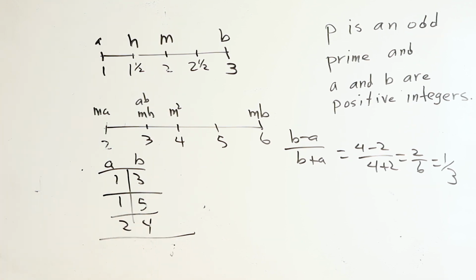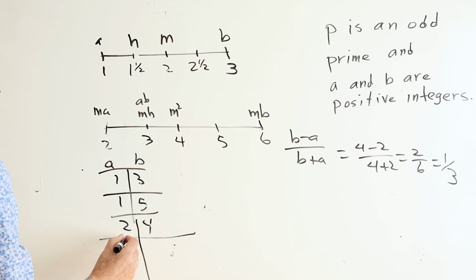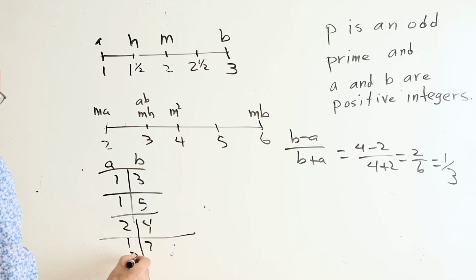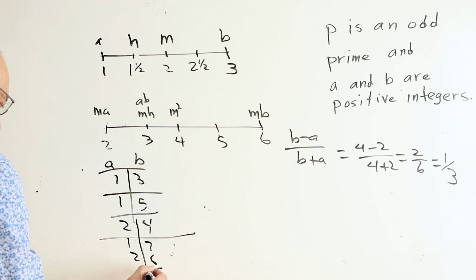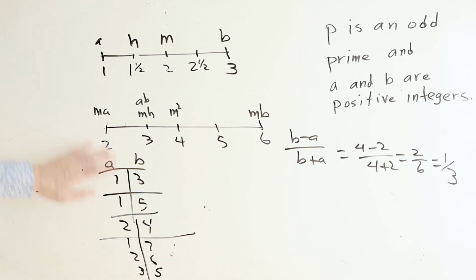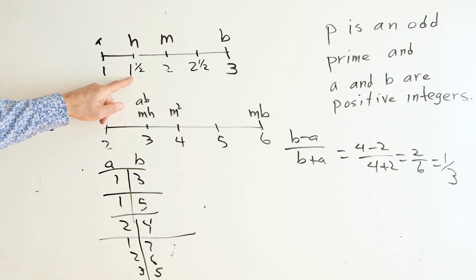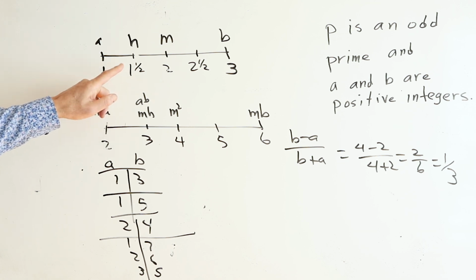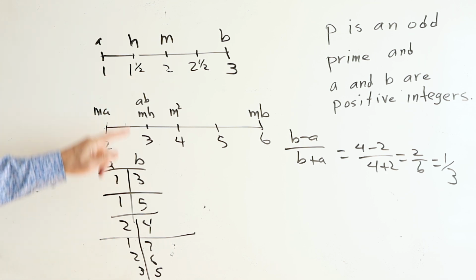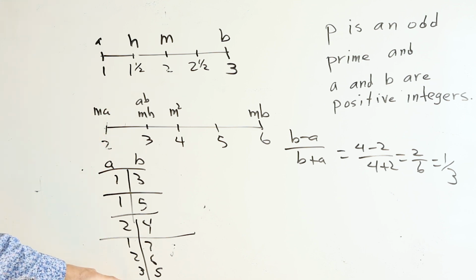Then there's going to be 3 ways to make 8. So you could have 1 and 7, 2 and 6, or 3 and 5. And so in each case, some of these will give you your h to be a prime number. Some of them won't. But occasionally you'll get a prime number.